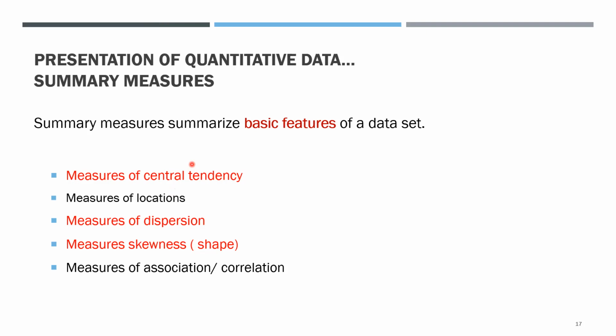For example, if you have a variable called statistics marks, let's say in your class there are 40 students, and these 40 students have different marks for statistics.